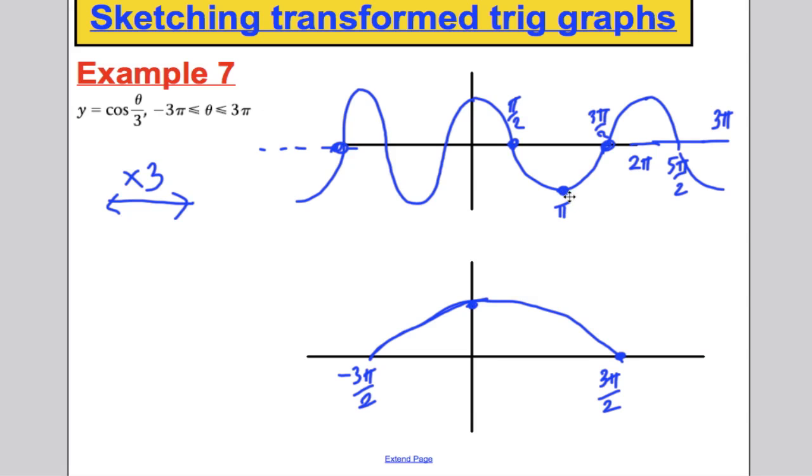This point here is at pi when you hit the bottom, so it's going to be at 3 pi now where you hit the bottom. Similarly here, this point should be minus 3 pi. What you've done is you've stretched this out by a factor of 3. That is now 3 pi by 2, that is minus 3 pi by 2, that is now 3 pi, that is now minus 3 pi.